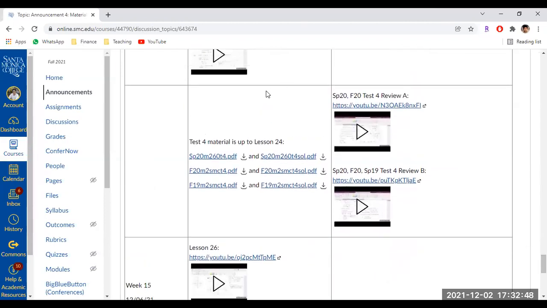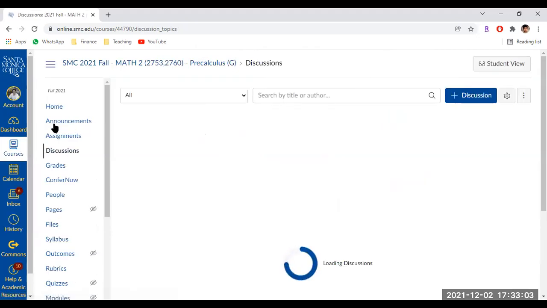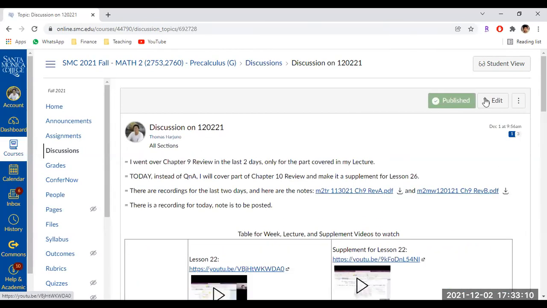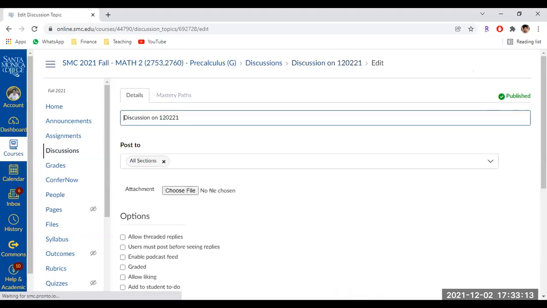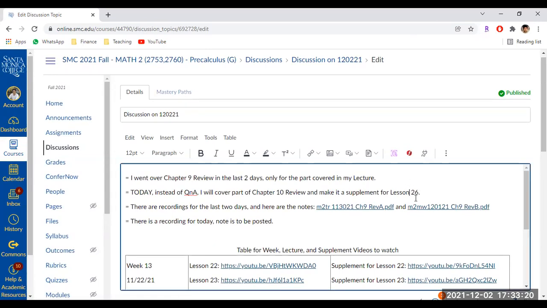And I provided you my old test with solutions here. So what I will do today will be the supplement of lesson 25 and lesson 26. Lessons 25 and 26 are the lecture part of conic sections, and what I will do today is the supplement part.